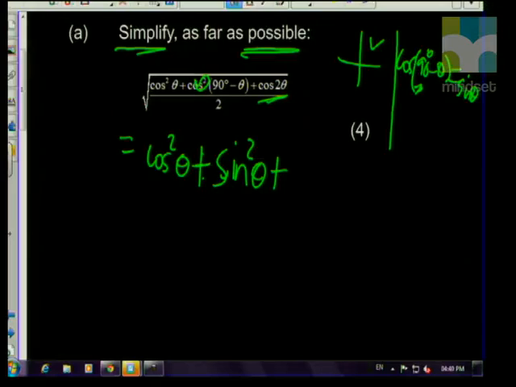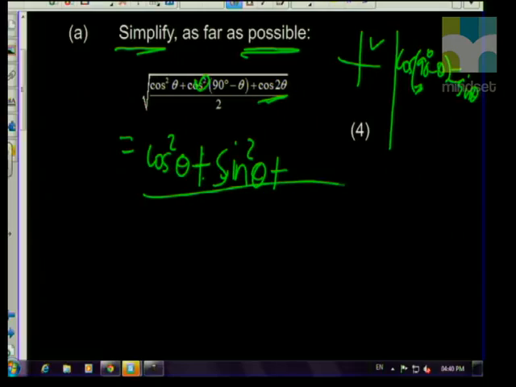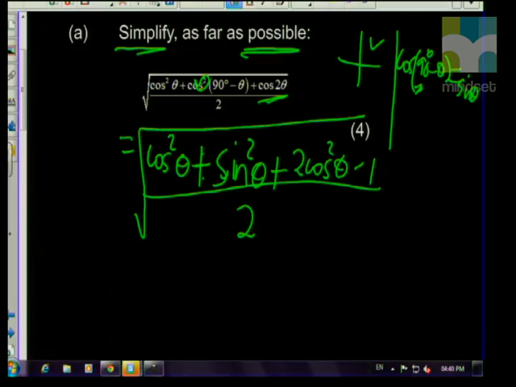You've got cos squared theta minus sine squared theta, or 2 cos squared theta minus 1, or 1 minus 2 sine squared theta. Right, and guys, whichever one you use, at the end of the day, you're going to have the same answer. So in this case, I'm going to choose to use 2 cos squared theta minus 1, all divided by 2 under the radical sign.